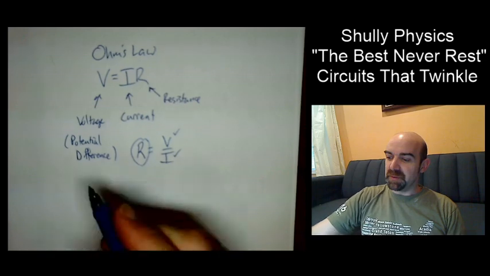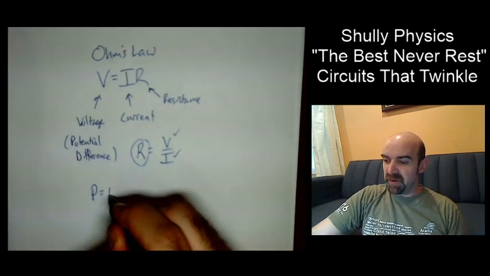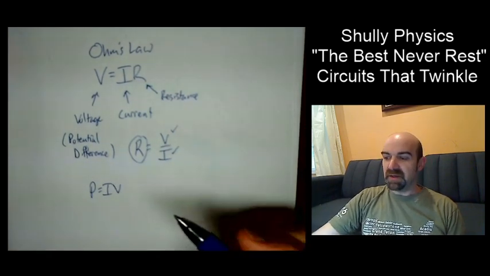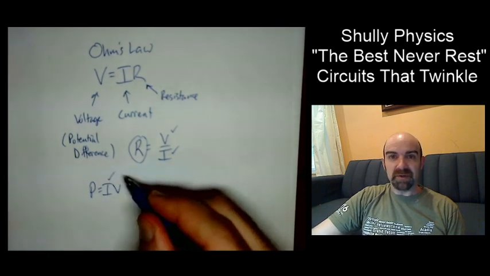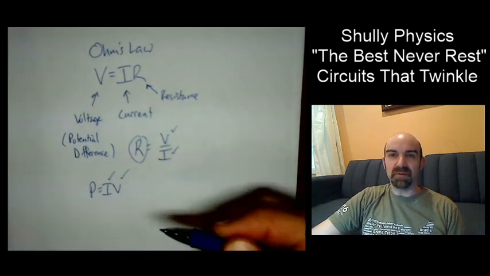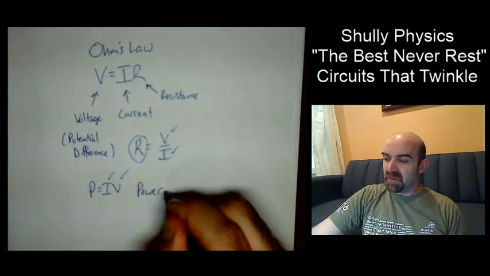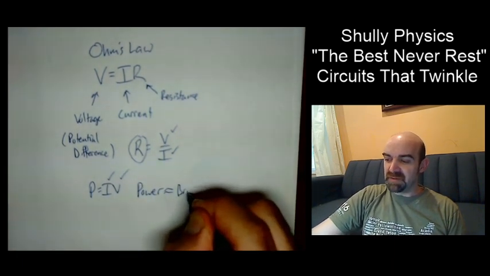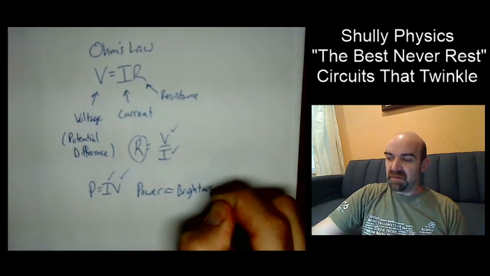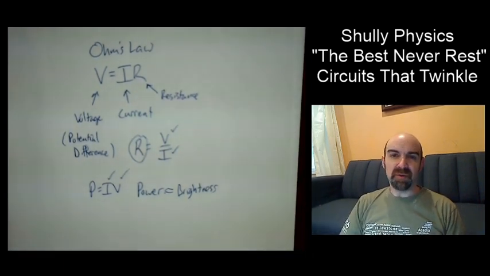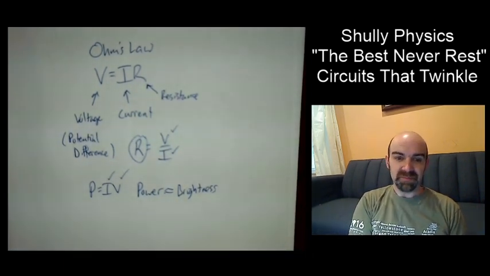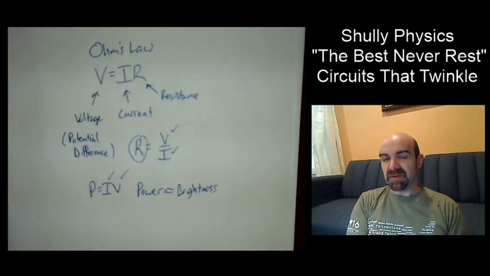And the last formula you're going to be using is for power, P equals IV. Again, you'll just plug in your measured current and your measured voltage and solve for the power value. Now power equates to the brightness. So the higher the power of a light bulb, the brighter it's going to be. All right, that's all I have to say about that.